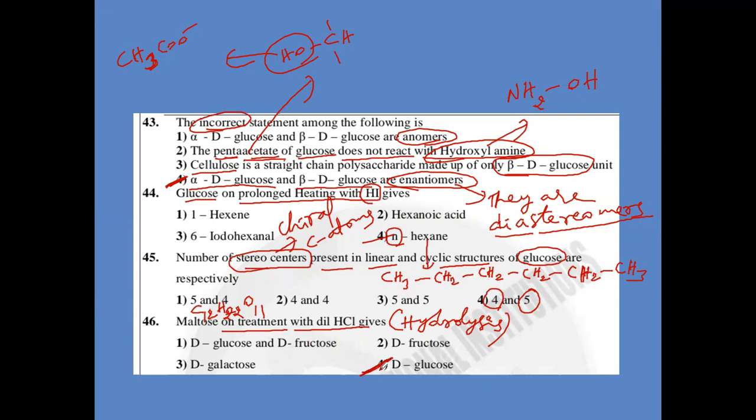Maltose is made up completely of D-glucose. If in the same question you take sucrose, the sucrose on treatment with dilute HCl will give one glucose and one fructose. But here they ask about maltose, which is made up of D-glucose units. All D-glucose units are present in maltose. So the glycosidic linkage is between D-glucose and one more D-glucose in the case of maltose. Okay.